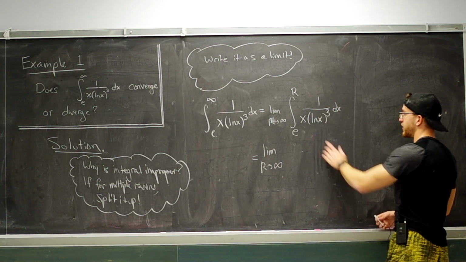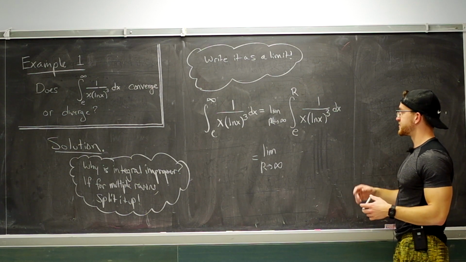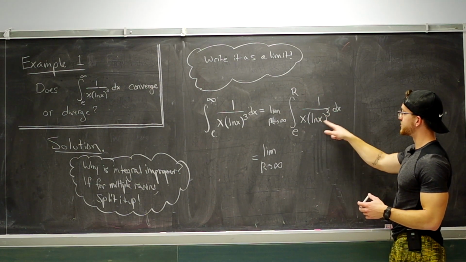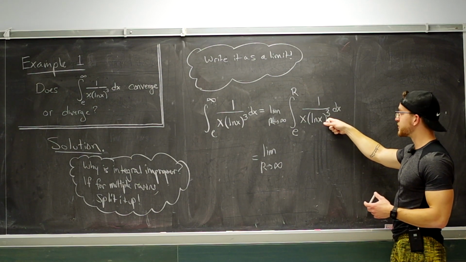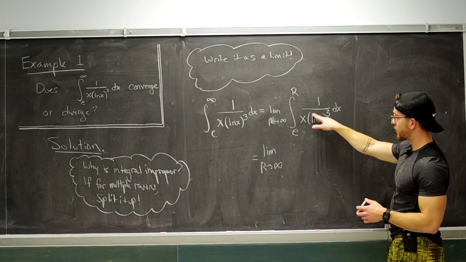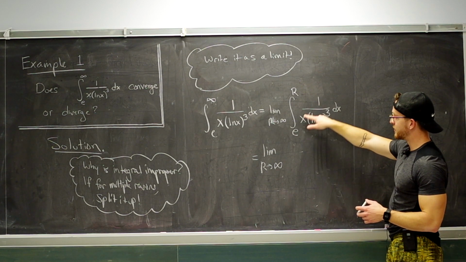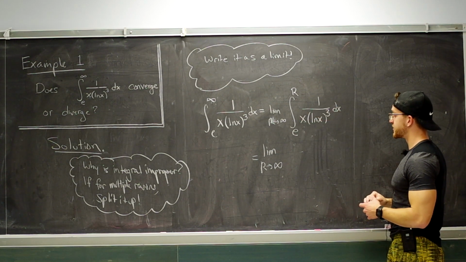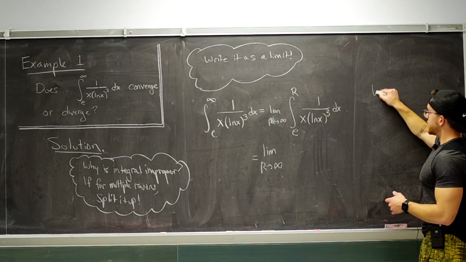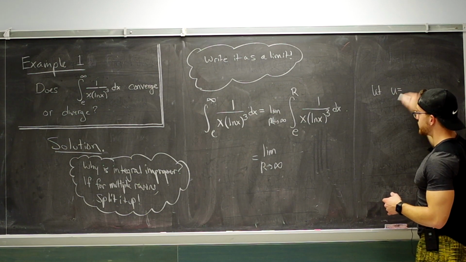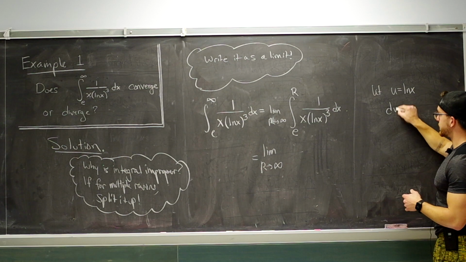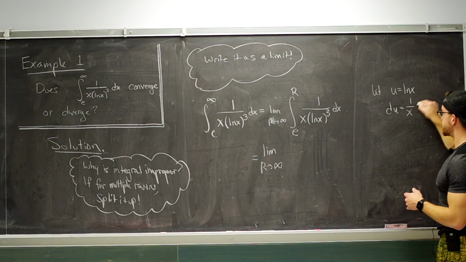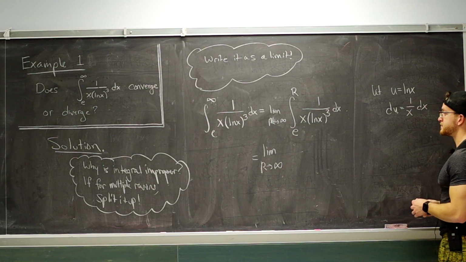Now, how would I evaluate this integral? I would probably do a substitution. I identify the composition of functions here. It's like blah, blah, blah, something cubed. That's a little ugly looking. And I recognize that if I call u log of x, I've got a 1 over x dx sitting out front. So I would do a substitution where I say I'm going to let u be log of x, du is 1 over x dx.